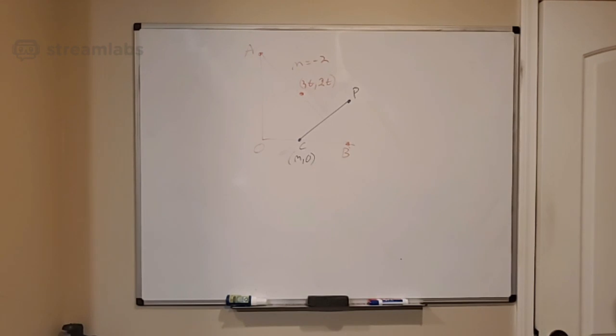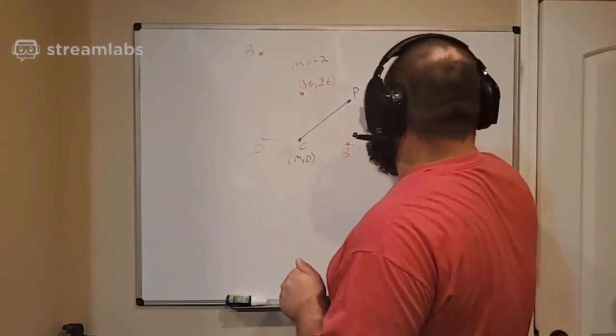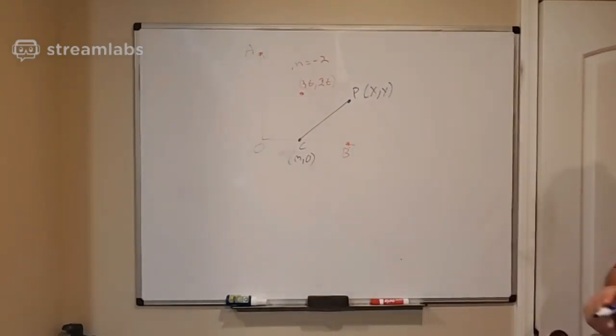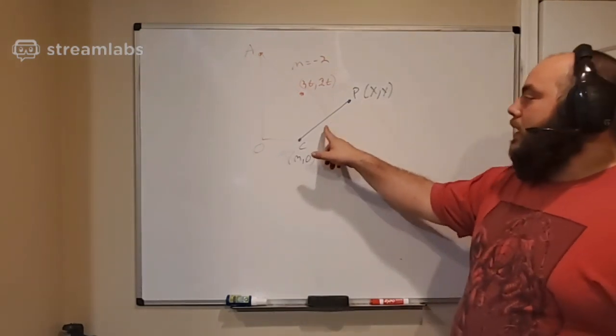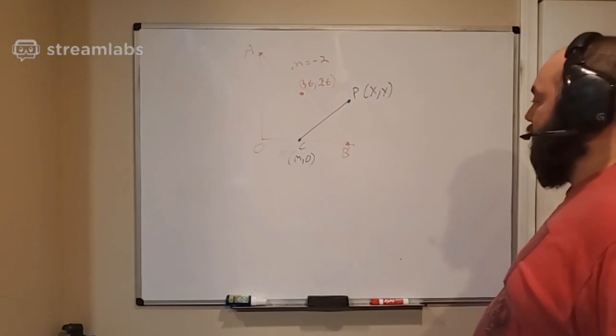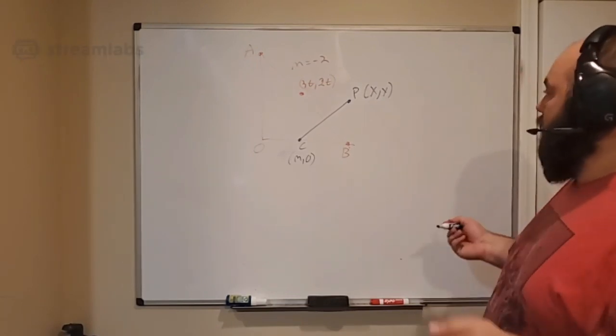Okay, no. I don't know anything about P other than its coordinates are x, comma, y. So I have to show that the midpoint of PC is on the line y equals x. In other words, the y variable has to equal the x variable. So I'm going to write an equation for a line and see if that's the way to go, because honestly, I've never done this problem.